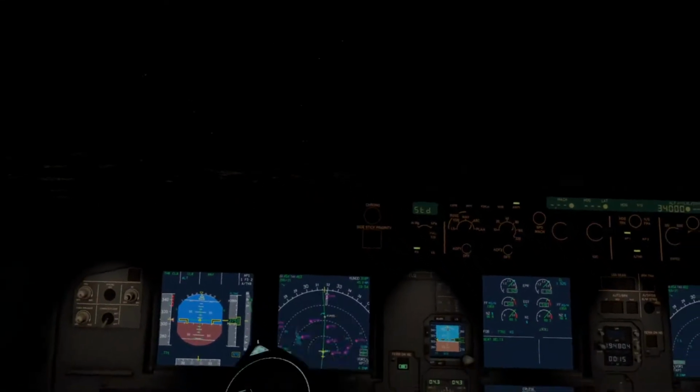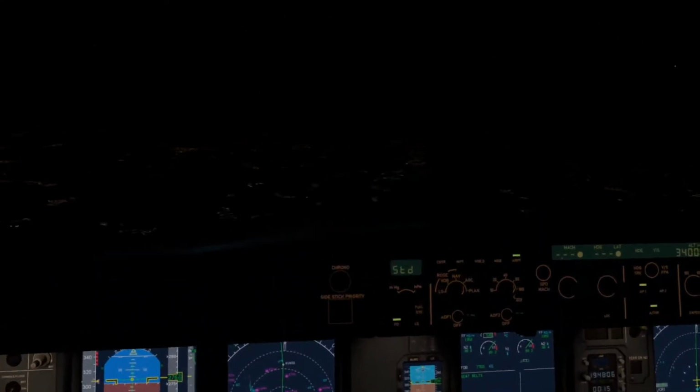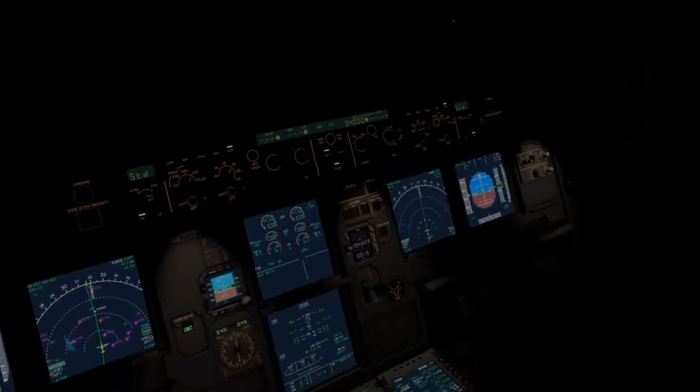Anyway, this is actually supposed to be that. The thing is supposed to be that color. Normally it's not supposed to be light.